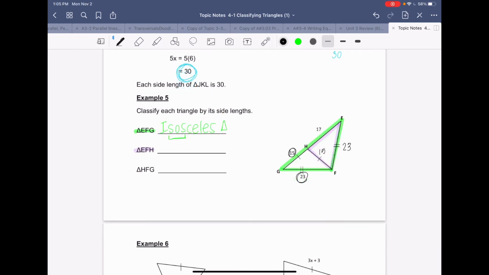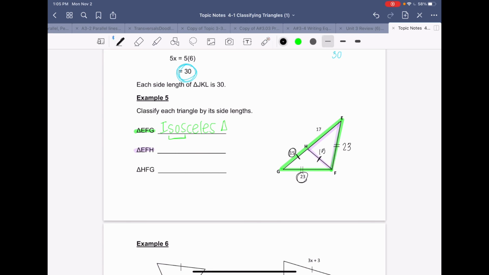All right, and the reason why that segment right here is 15 and this one's 23 is because of our tick marks. So because this value of 15 has this tick mark right here and there's only 1 tick mark, wherever there's 1 tick mark, that value is also 15. So HF is also 15. So that means that since GF is 23, then EF is 23, okay?